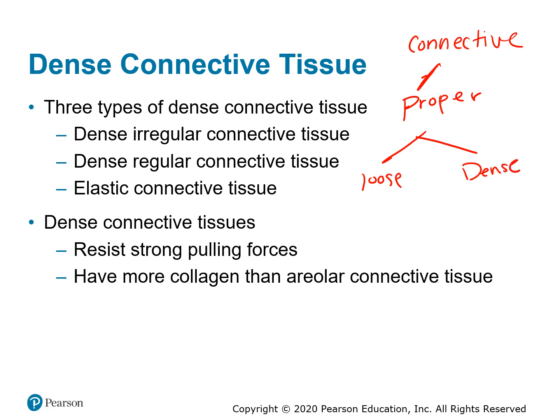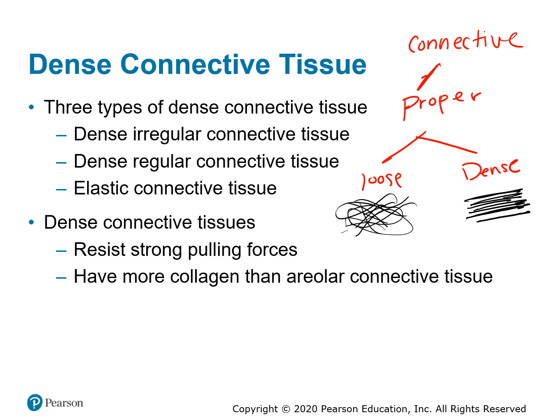And if you can imagine, the biggest difference between loose and dense is how tightly packed the tissues and fibers are. In loose, they're kind of loosey-goosey, a little spaghetti-like, and in dense, they're a lot more structured.